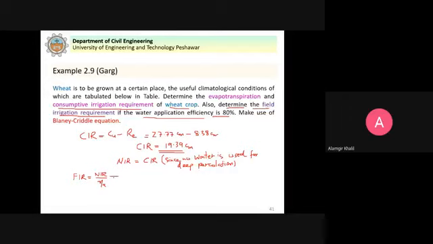So now we take it as 19.39, and we have the water application efficiency as 80%, so 0.80.